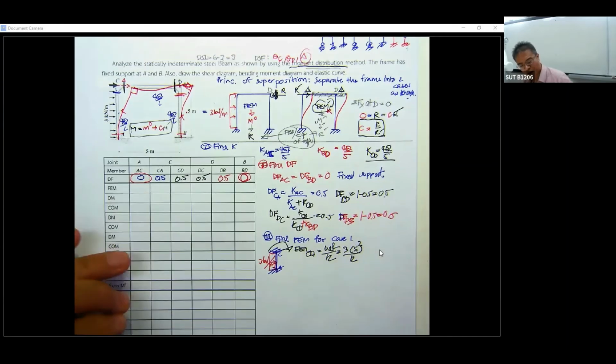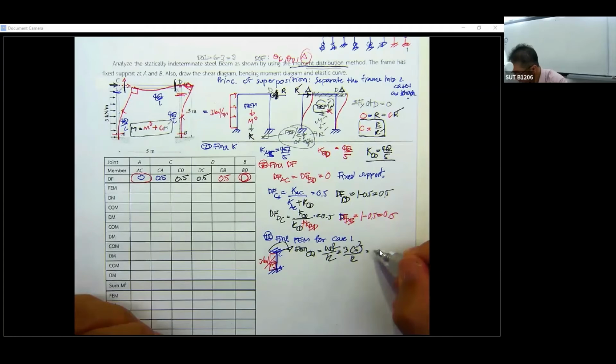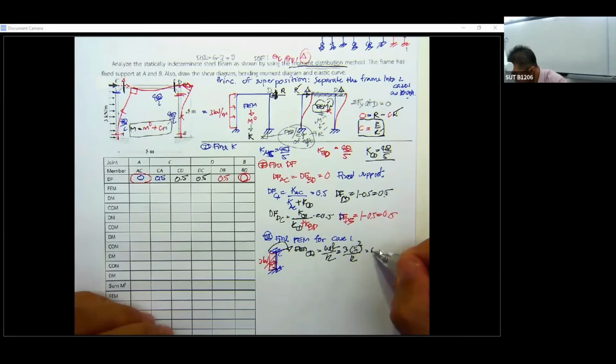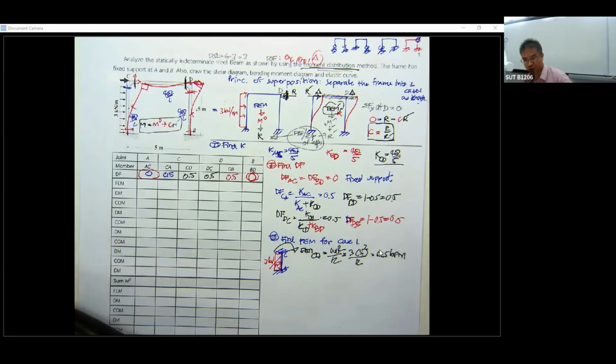So you get this one to be 6.25. This is going to be 6.25 kilonewton meter. But what do you get? This is the clockwise direction.